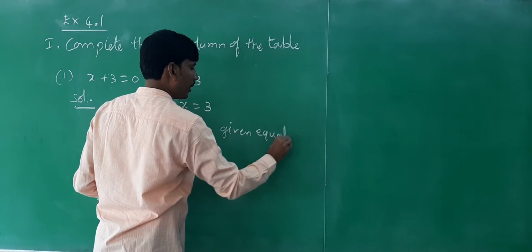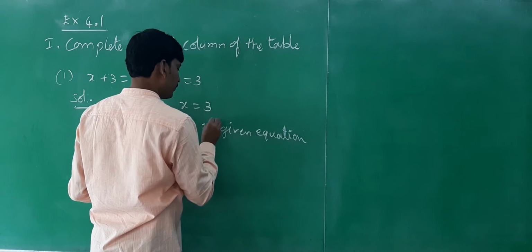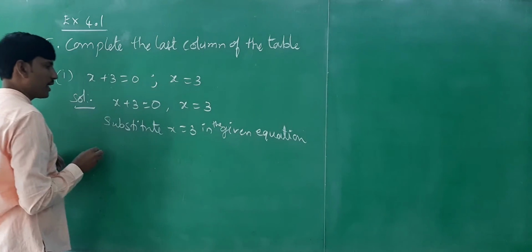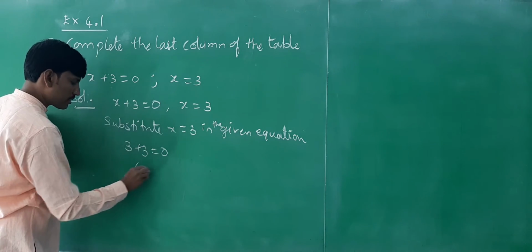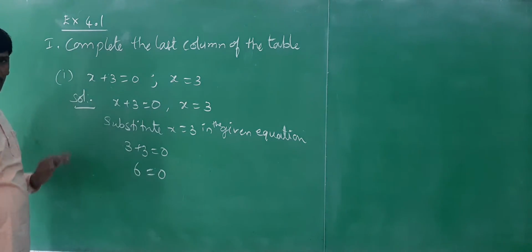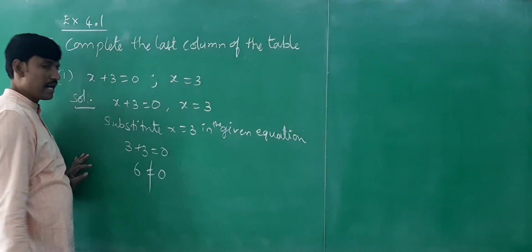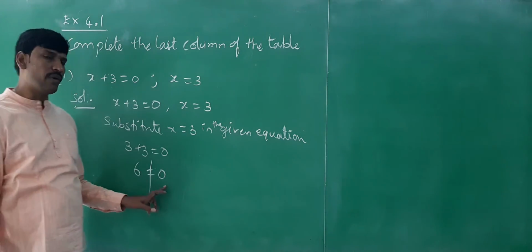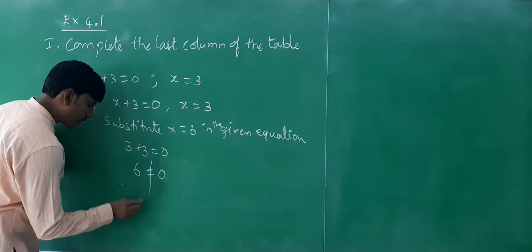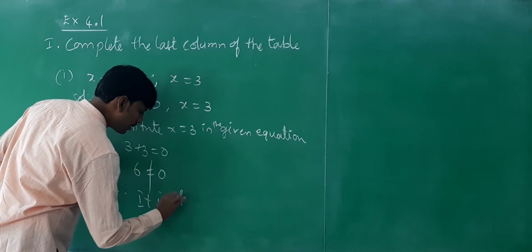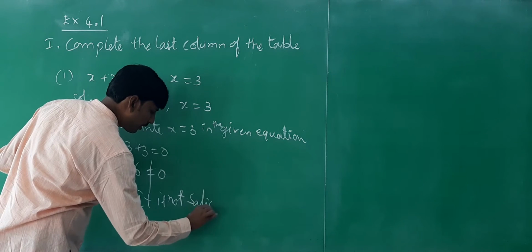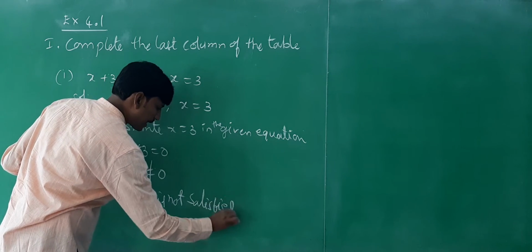So when we substitute x equal to 3, 3 plus 3 will become 6. That is, 6 is equal to 0. Is 6 equal to 0 or not? No, it is not satisfying because 6 is not equal to 0. So therefore it is not satisfied.